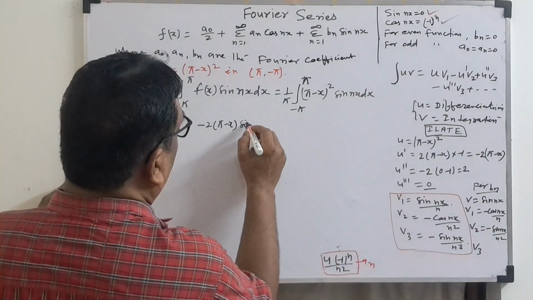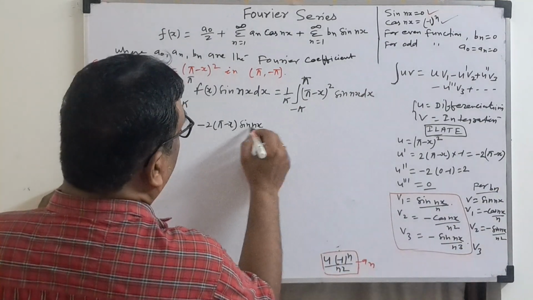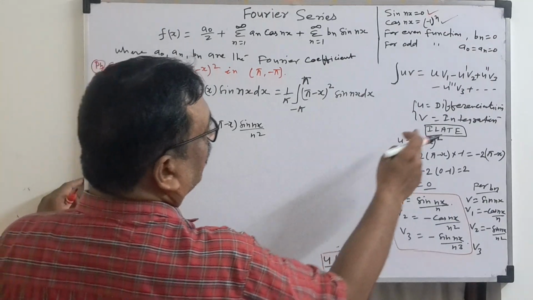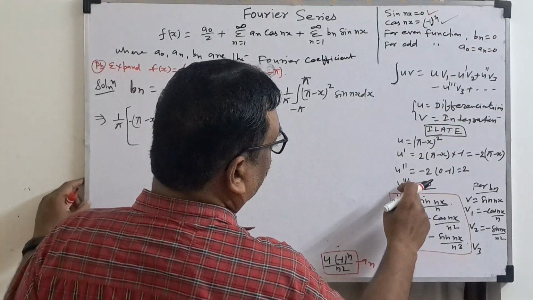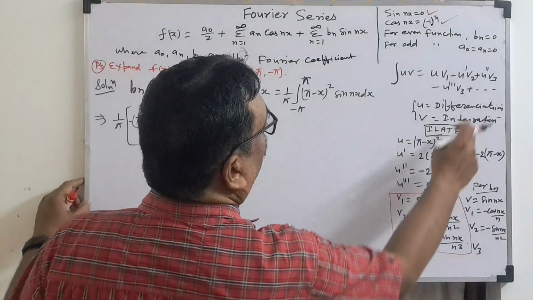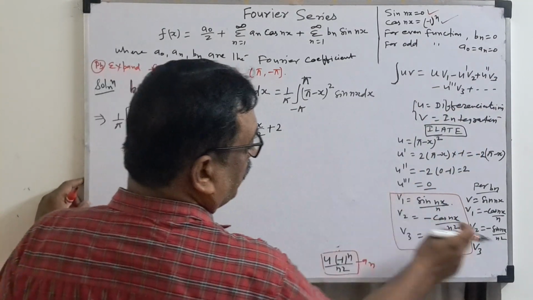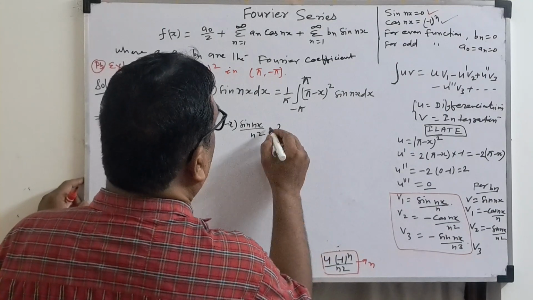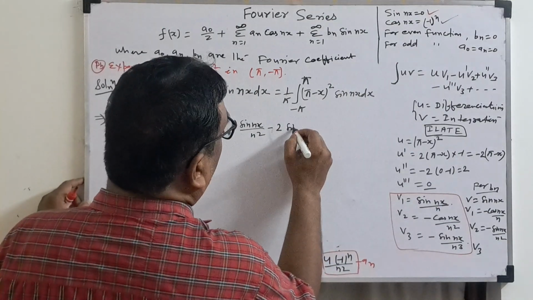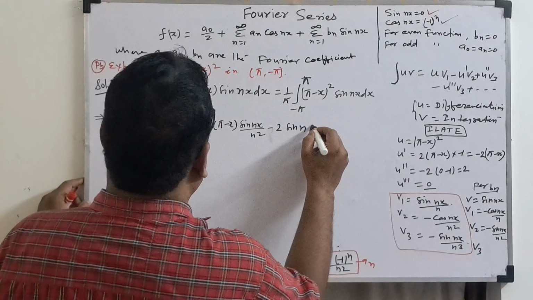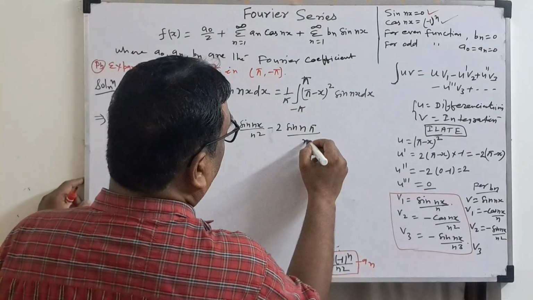Minus, already minus plus sine nx by n square. Then u double dash, v3. U double dash is how much? 2. For this it is plus, but this is minus, so finally this will come minus 2 into sine n pi by n square.